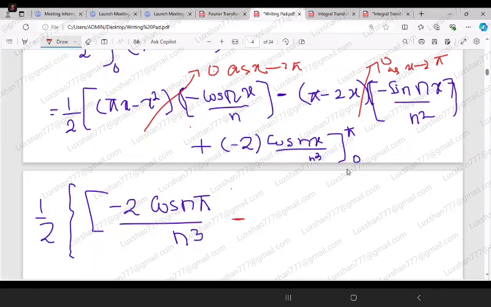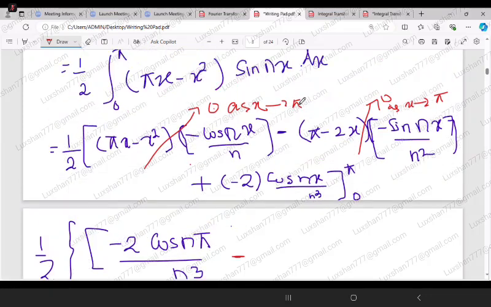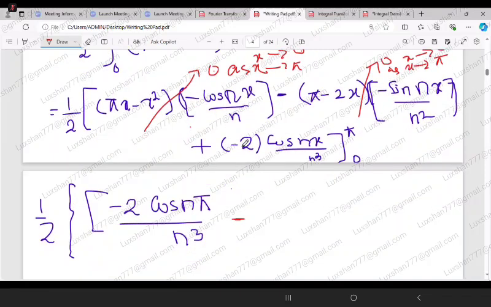Minus, then I have to substitute 0. So if I substitute 0, here again it goes to 0 because x is there now. Here sine again this also goes to 0. So again this also goes to 0 as x tends to 0. This also goes to 0 as x tends to 0. Okay. Therefore, I have a minus here. So minus into minus will become plus.